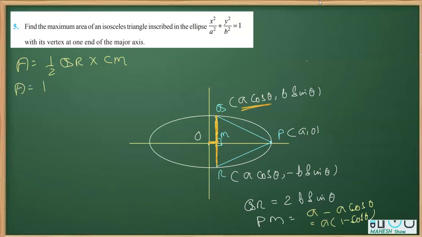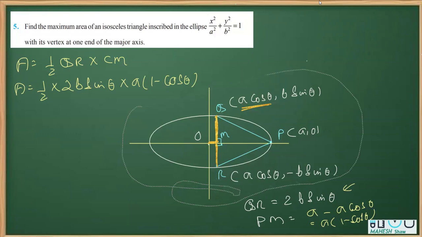That is half into QR. QR length is obtained from here, that is 2B sin theta, and PM is A times 1 minus cos theta. So we got the base and the altitude.